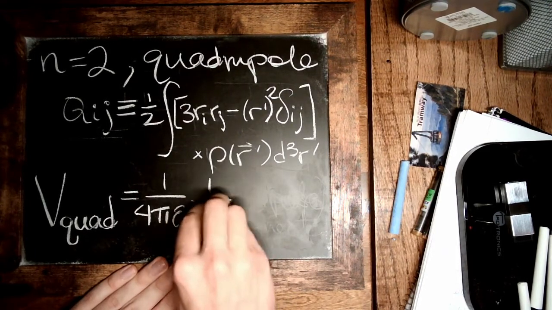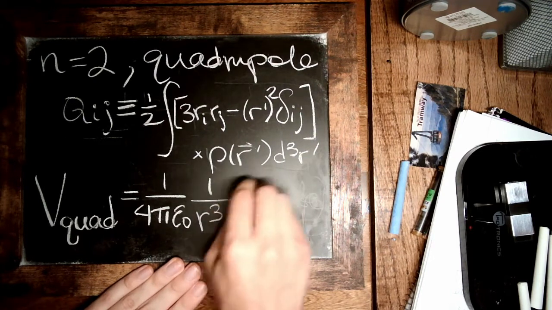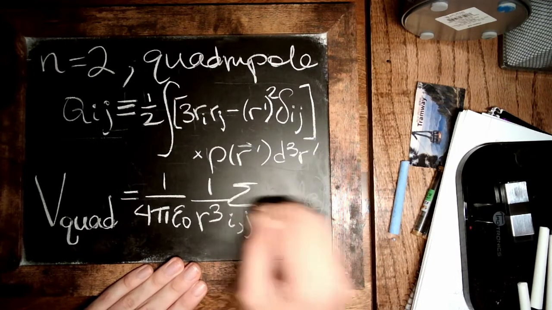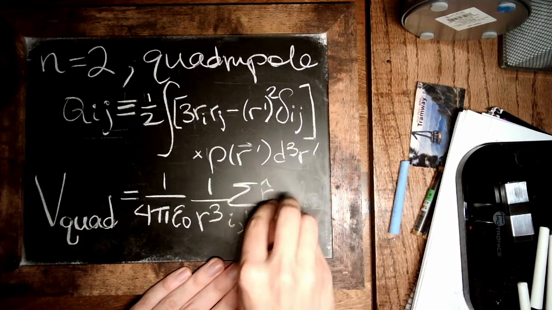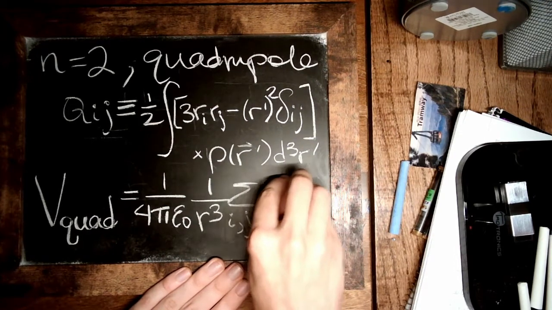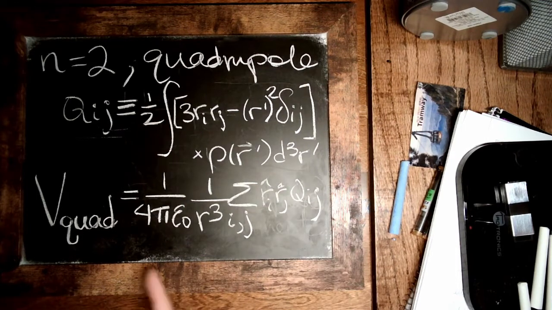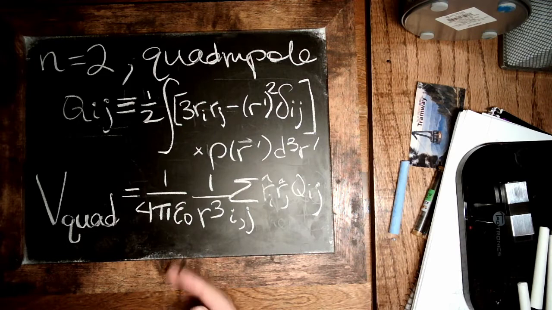Now a cubic dependence on distance, a sum for i and j of the quadrupole moment multiplied by the two unit vectors. And this term falls off very quickly as r, now r cubed.